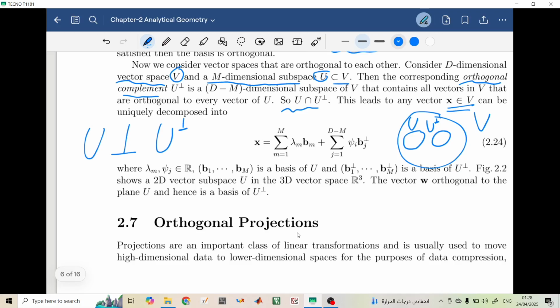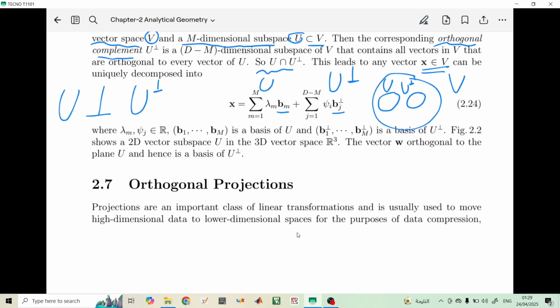The first component belongs to U, and the rest of the components of x belongs to U perpendicular. So it's just like we're disjointing x into two components, the main one and the perpendicular one. This will prove to be very useful, especially in regression in general. Here we have the basis vectors of U, and the B perpendicular are the basis vectors for U perpendicular.